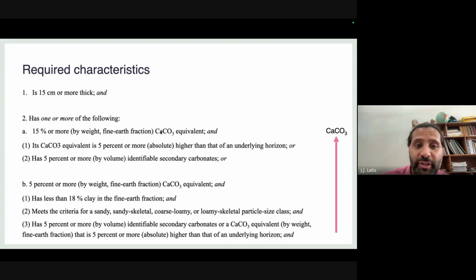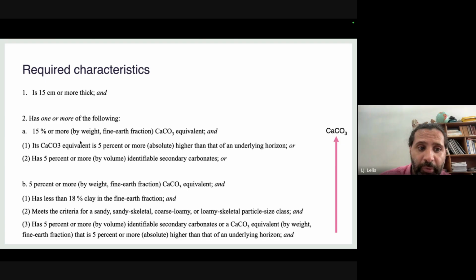If the calcium carbonate content is quite high, like 15% or more, it should be 5% or more higher than that of an underlying horizon.